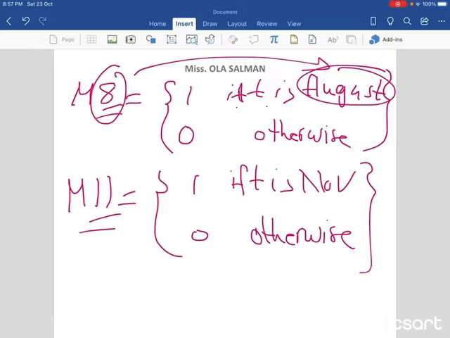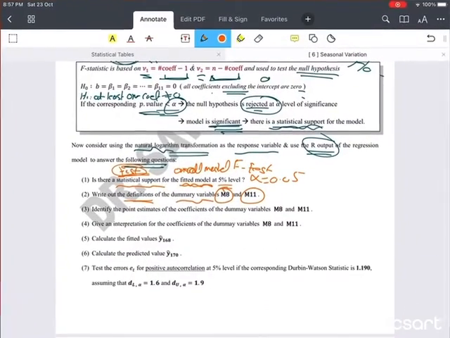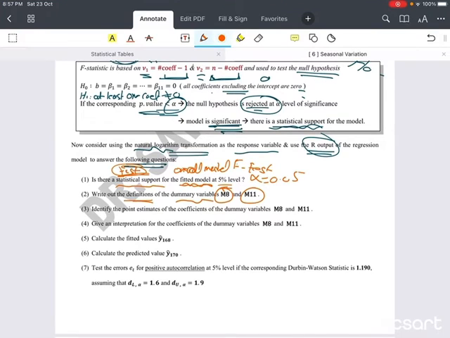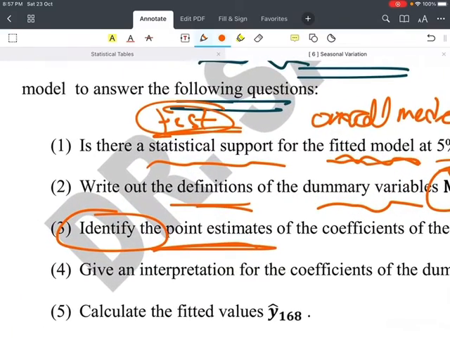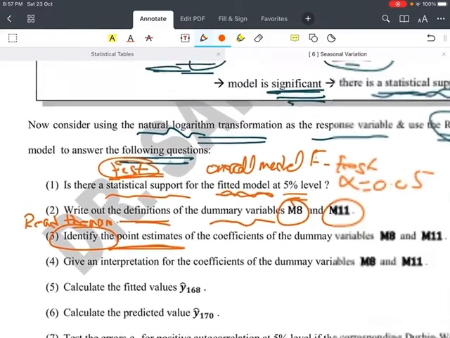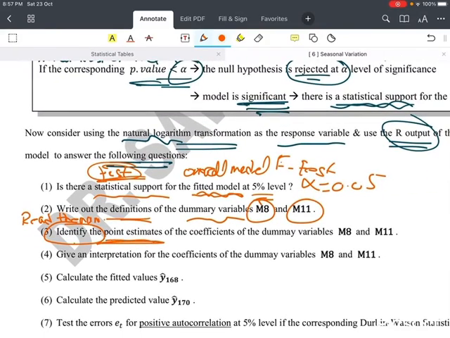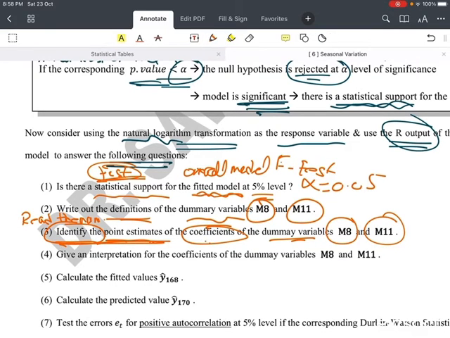Okay, number three: identify the point estimate, which means read the numbers from the output.